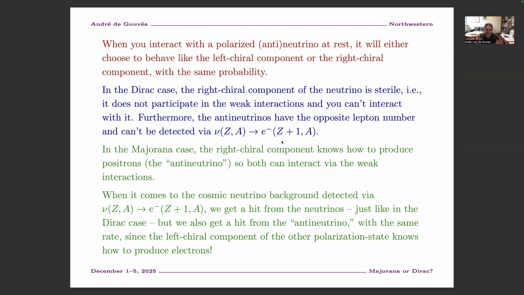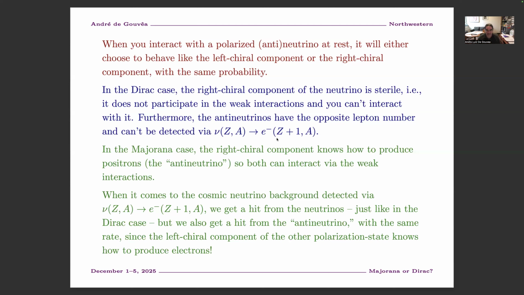So end of story, half of the cosmic neutrino background does not participate in this reaction here if the neutrinos are Dirac. If the neutrinos are Majorana, the right-handed helicity component of the cosmic neutrino background are also neutrinos. And because they're not moving very fast, these right-handed helicity objects are happy to contribute half of the time to the left-handed chiral weak interaction that knows how to produce electrons.